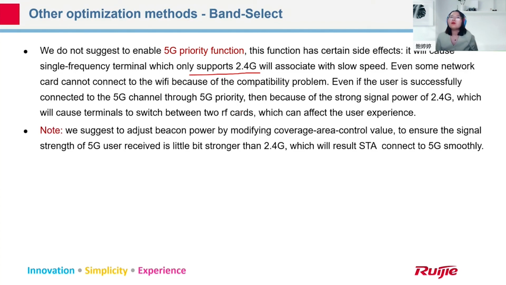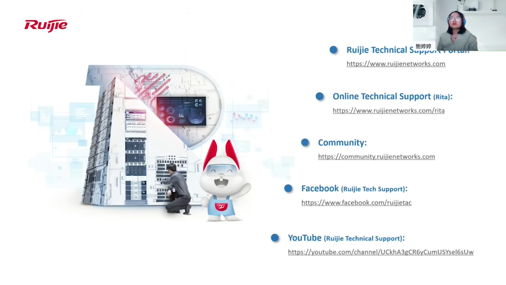And we suggest to adjust the beacon power by modifying the coverage area control value to ensure the signal strength of 5G received is a little bit stronger than 2.4G. Then the station can connect to 5G smoothly, without directly enabling the 5G priority function. Maybe they have the same result, but the principle is different.